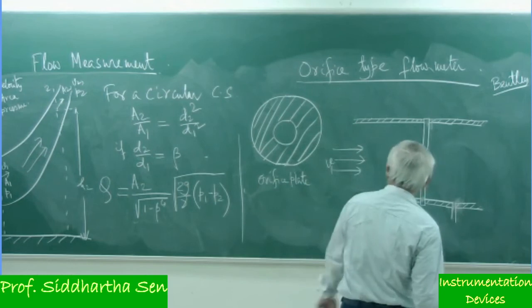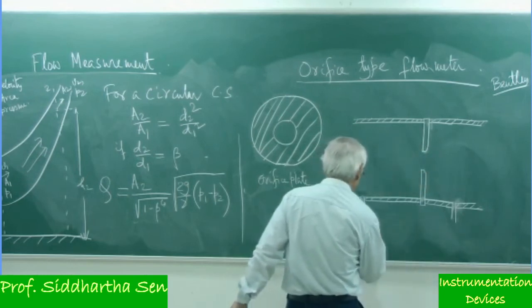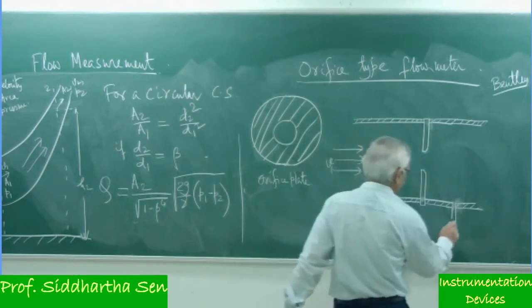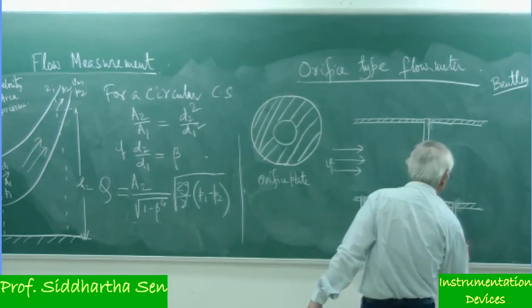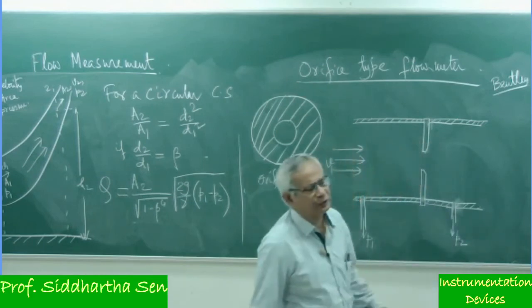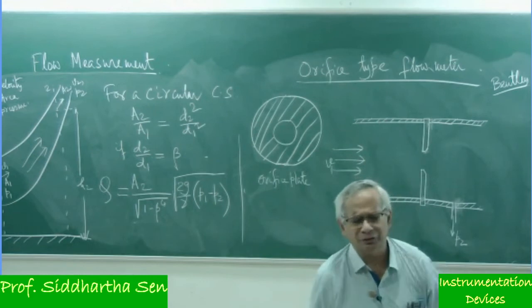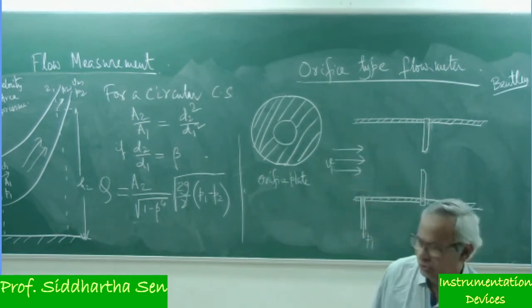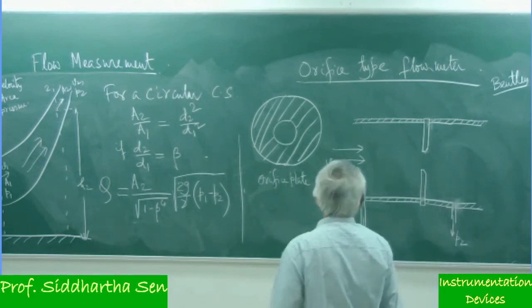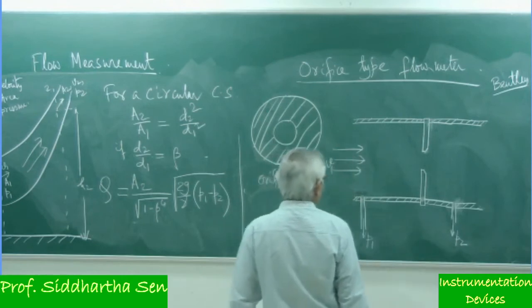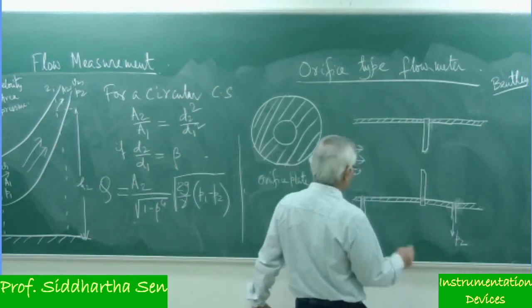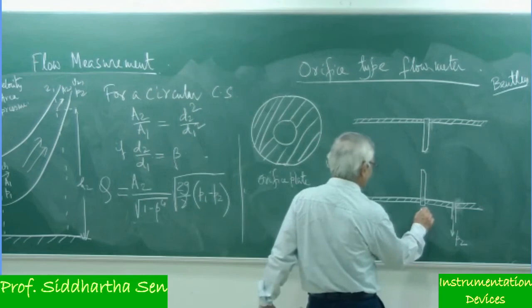And normally we put some tappings at these 2 points, and here P1 is the pressure and P2 is the pressure there. You can measure the pressure difference, or even put it in a manometer. And where to put all these things, there are certain guidelines.